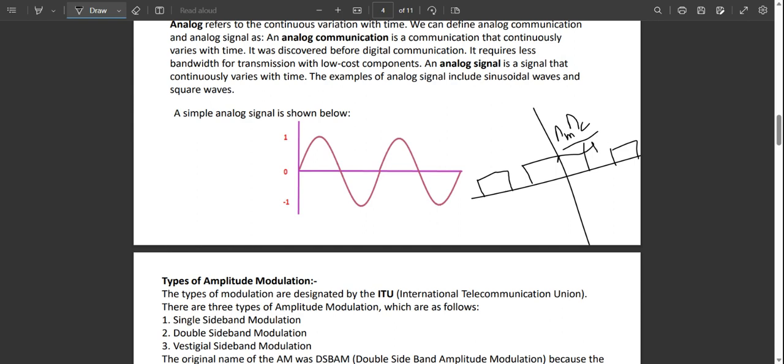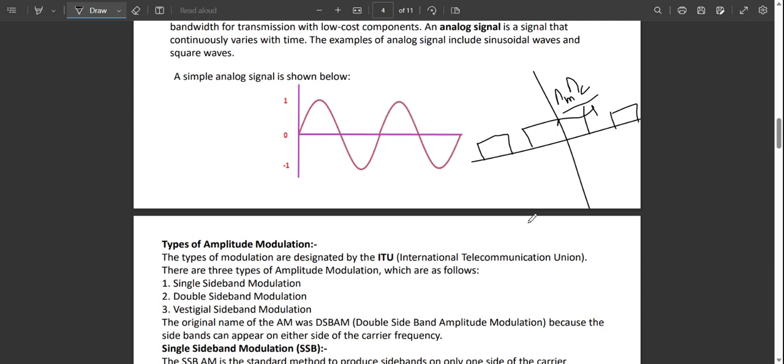In this part we can see the carrier and these are the sidebands. In single sideband modulation, either this part or this part is modulated or sent.